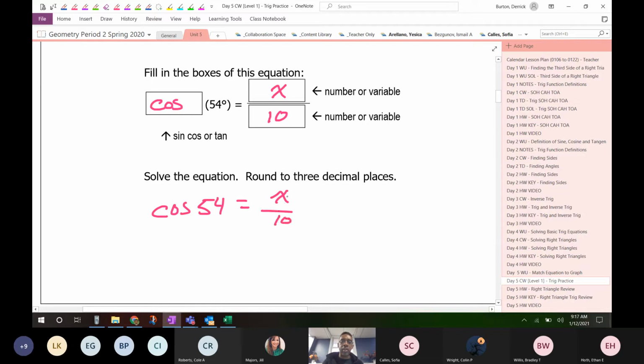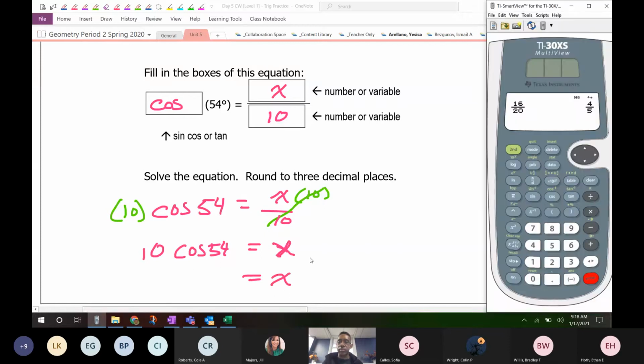And when the variable is in the top, you multiply by the denominator. That way these 10s will cancel each other out. So you end up with 10 cosine 54 is equal to x. And then you can just put this in your calculator.